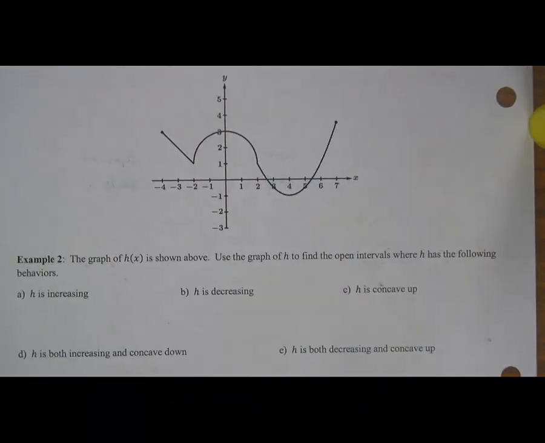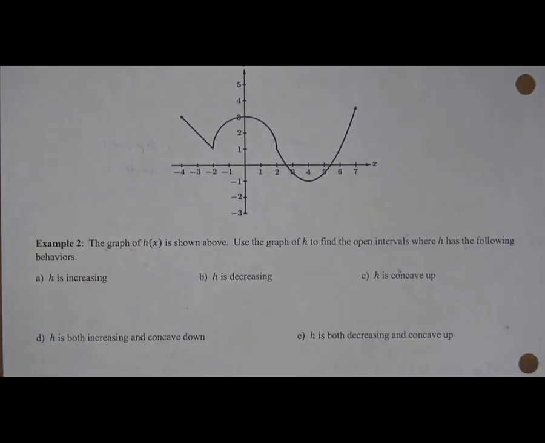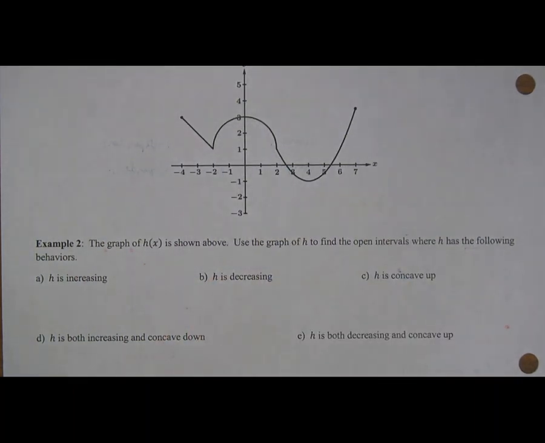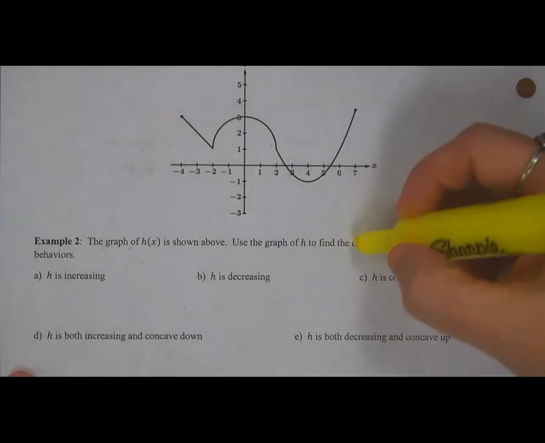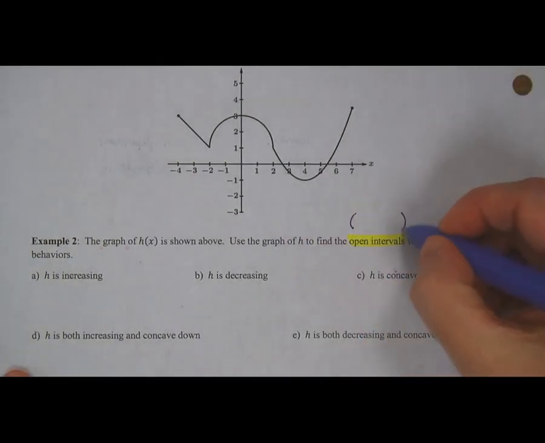So turn the page and let's see if we are comfortable with the vocabulary and spotting little intervals from a graph. Our task here, we got this kind of funky looking graph, and it says the graph of h of x is shown above. Use the graph of h to find the open intervals, and that just simply means you're always going to use soft brackets.